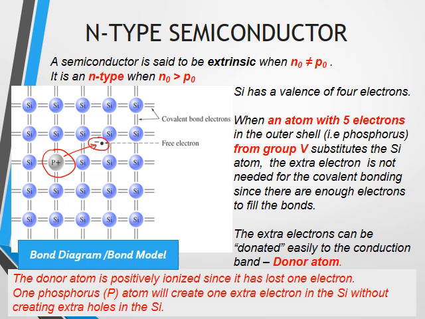The extra electrons can be donated easily to the conduction band. That is why the atom from group 5 is called donor atom. The donor atom is positively ionized since it has lost 1 electron. One phosphorus atom will create 1 extra electron in the silicon without creating extra holes in the silicon.